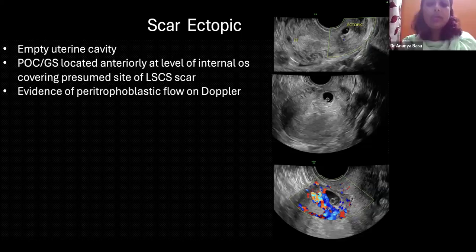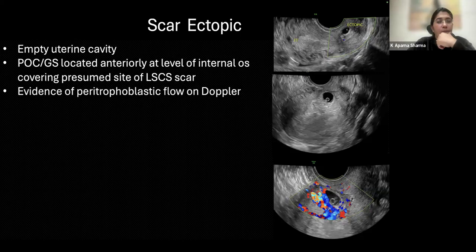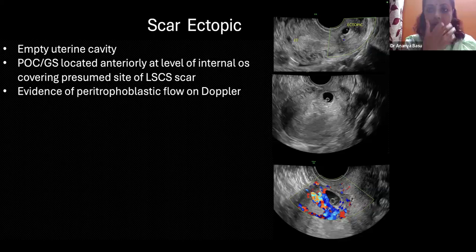So in this case, essentially there will be an empty uterine cavity, and when we are looking at the scar site, we will find that the gestational sac will be around the area of the scar, so it will be much low down in the lower segment.